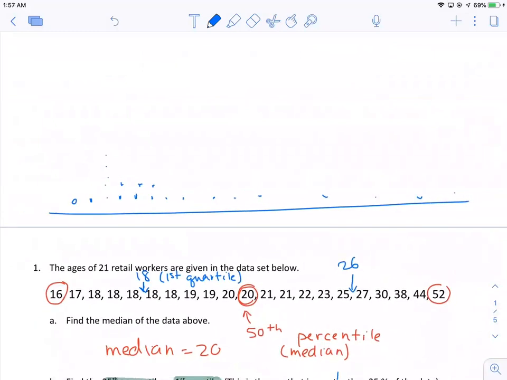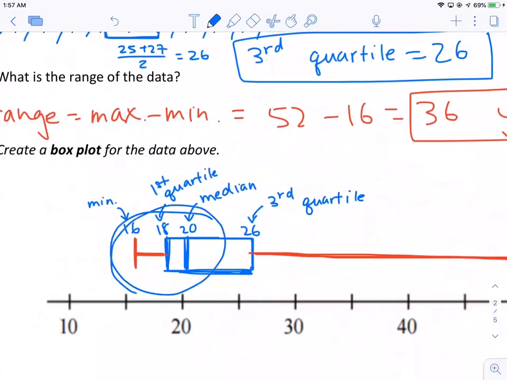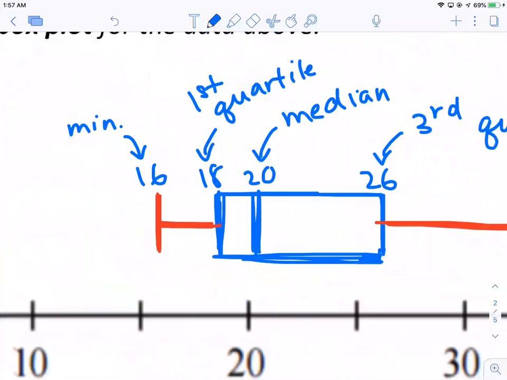So if I made this a dot plot, I think you can pretty clearly see that this data is skewed to the right, right? And hopefully you also see that here. All of these guys are clustered really close together, so most of our data is on the left side, whereas once we get to higher values, everything is spread out.